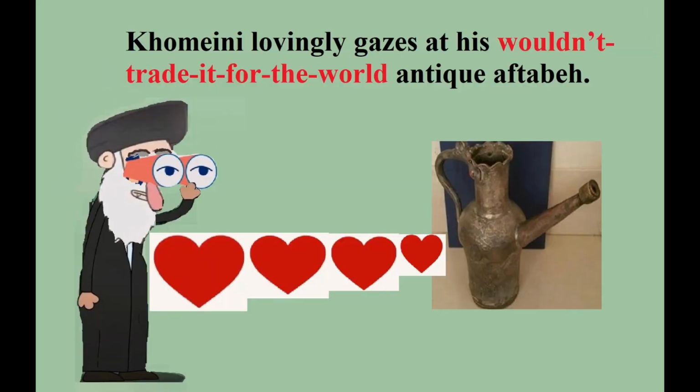Now, 6 words together, we can say Khomeini lovingly gazes at his wooden tray for the world antique of the way. Okay, so this is the love of Khomeini. Now 7 words together. Khomeini admires his old and battered people keep mocking it, Indian of the way.